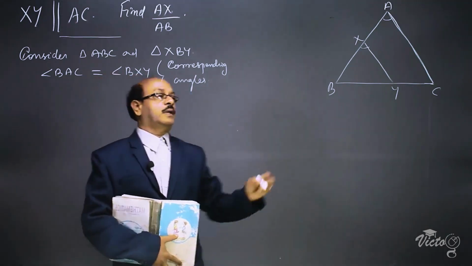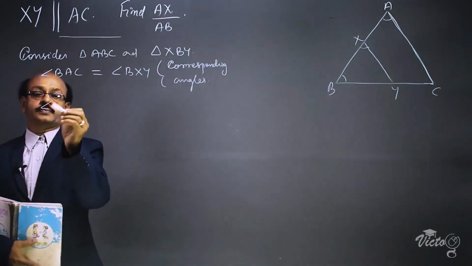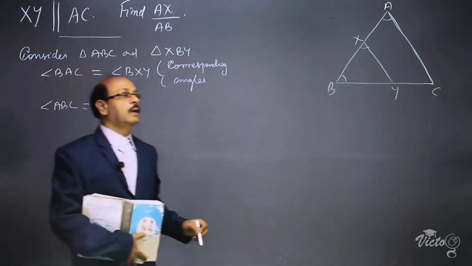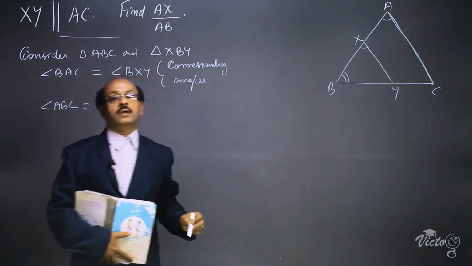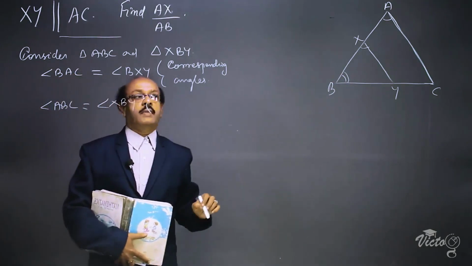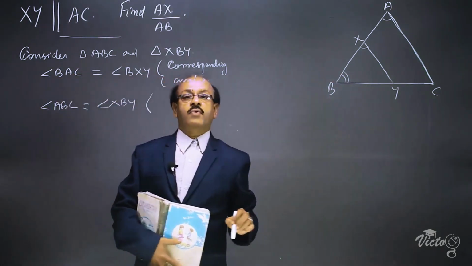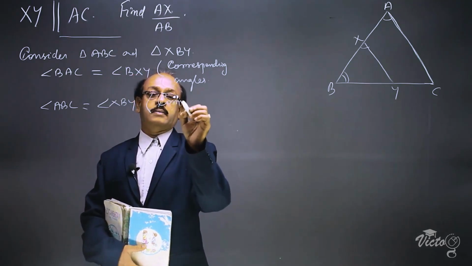Again, angle ABC is equal to angle XBY. The reason is common angle. The angle ABC and XBY is the same angle.